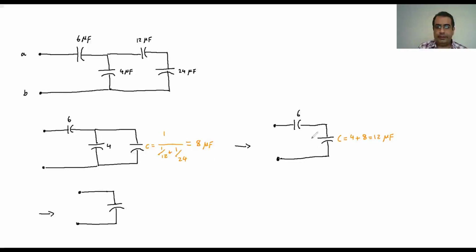So again these two are in series, so the C is going to be 1 over 1 over 6 plus 1 over 12, and becomes 4 microfarad. So we can reduce this original one into this single capacitor.